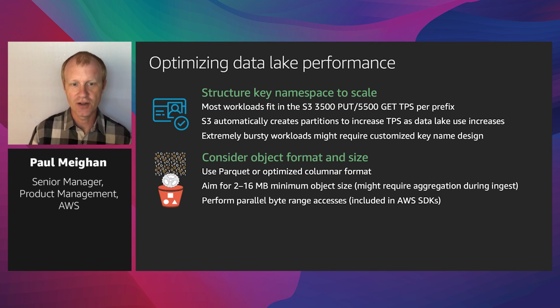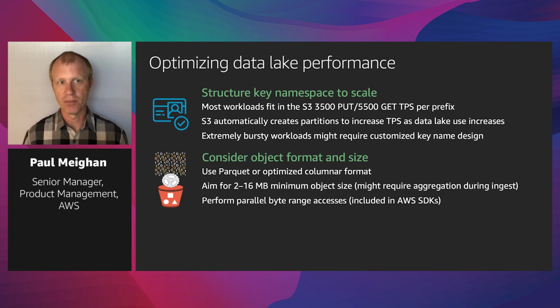And the reason that we like those objects is it allows you fewer connections, fewer requests to make to S3. It's a nice aggregation, allows you to stream in at a good rate. Also allows you to perform more parallel byte range reads against larger objects, right?